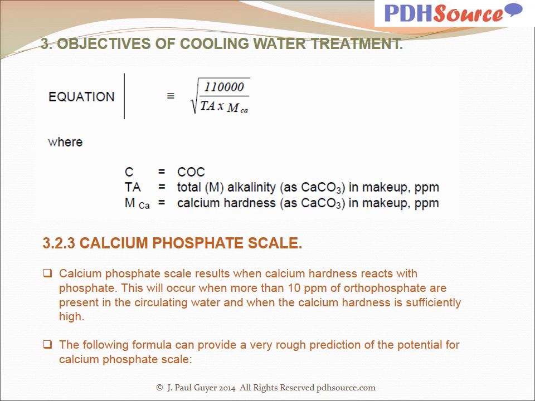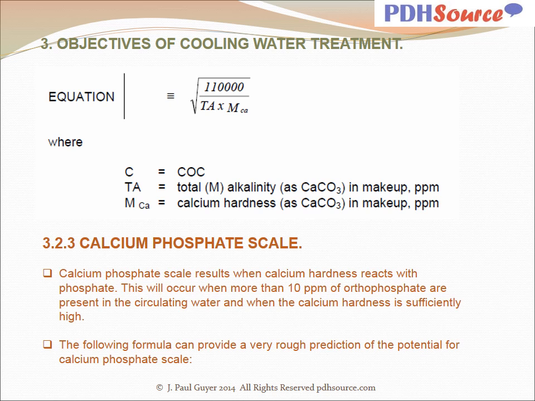indicated on this slide. With regard to calcium phosphate scale, it results when calcium hardness reacts with phosphate. This will occur when more than 10 parts per million of orthophosphate are present in the circulating water and when the calcium hardness is sufficiently high.